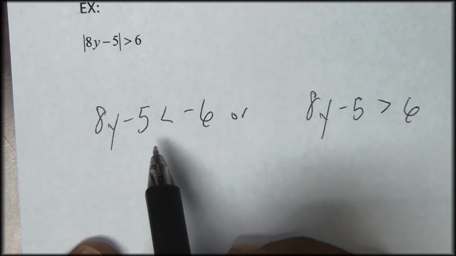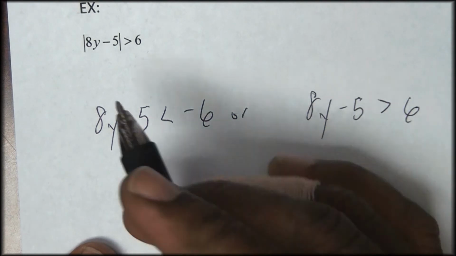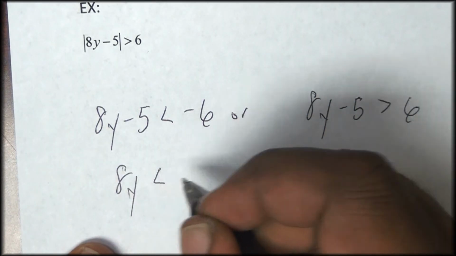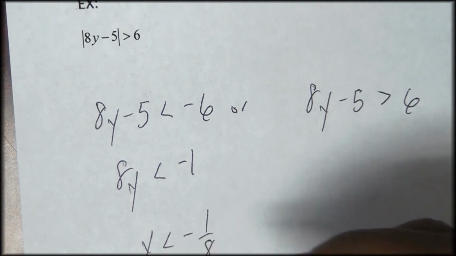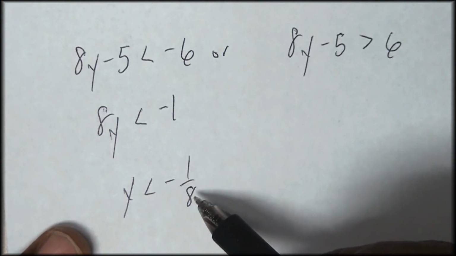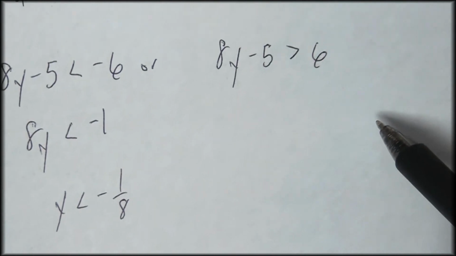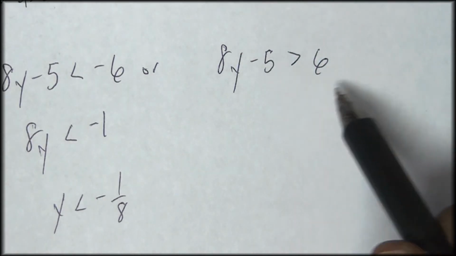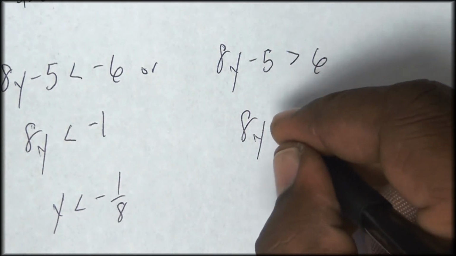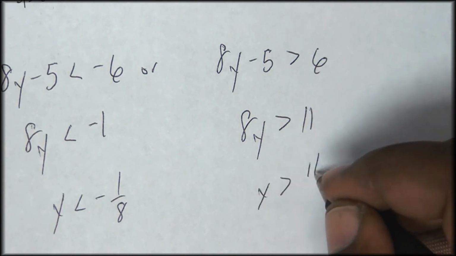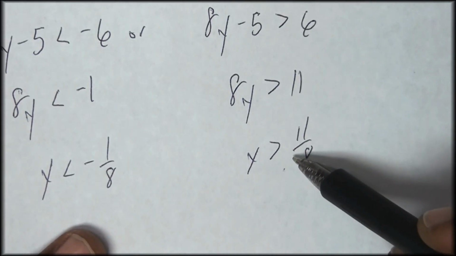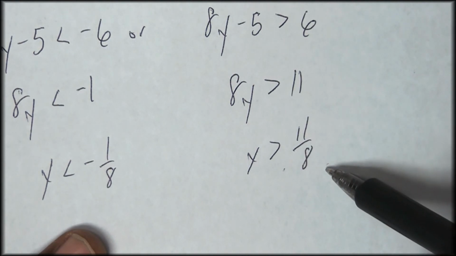We'll solve our first equation for y, so we'll add 5 to both sides. We'll divide by 8. So y is less than -1/8. For our second equation, we'll add 5. We'll divide by 8. Y is greater than 11/8.